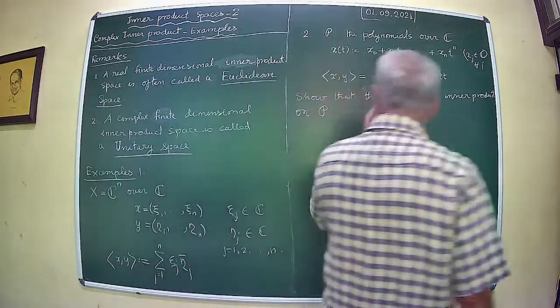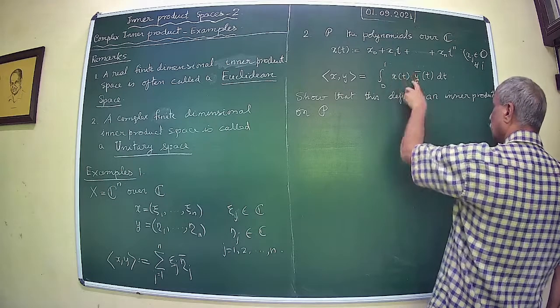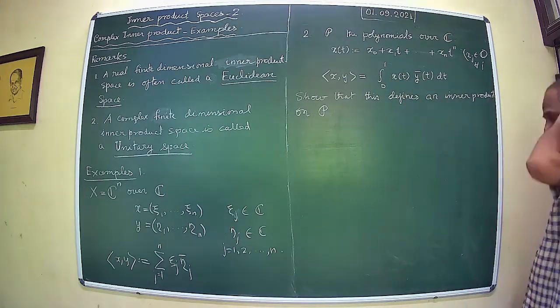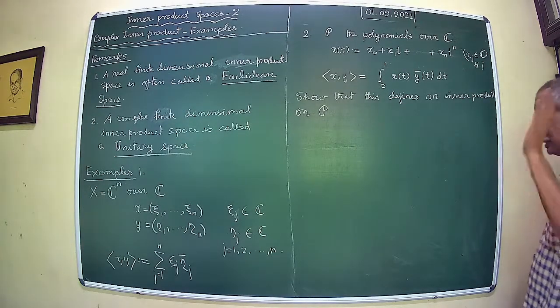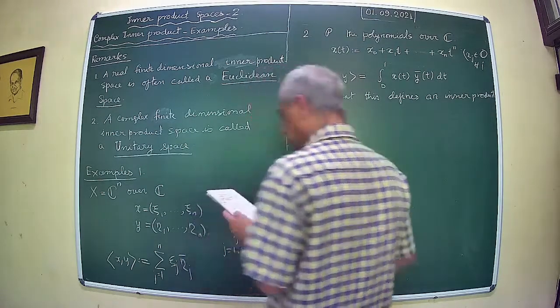You see that x inner product with x is integral from 0 to 1 of mod x squared dt, and then you see that this is equal to 0 if and only if the polynomial is 0, etc. So that's a direct verification.